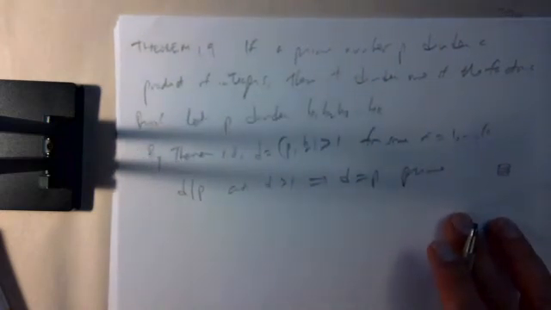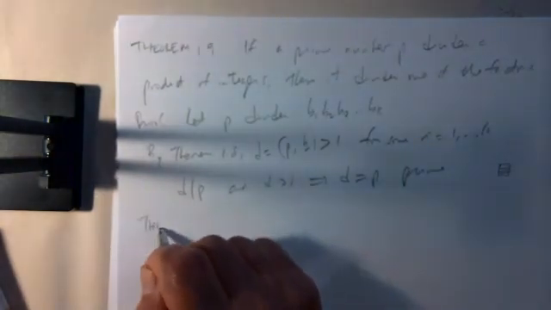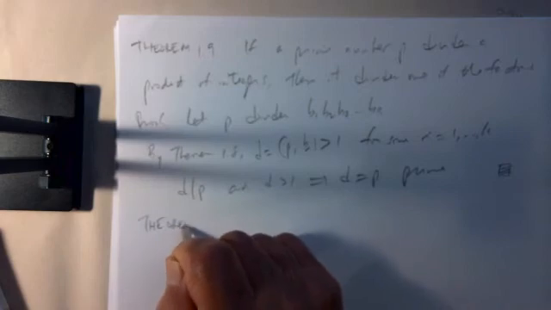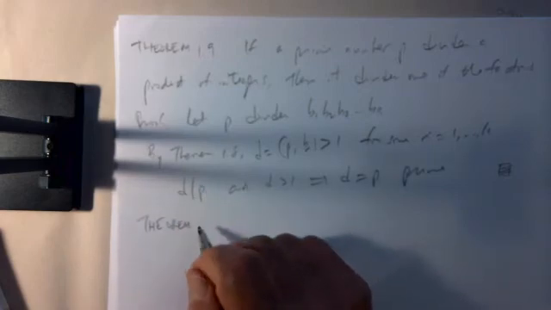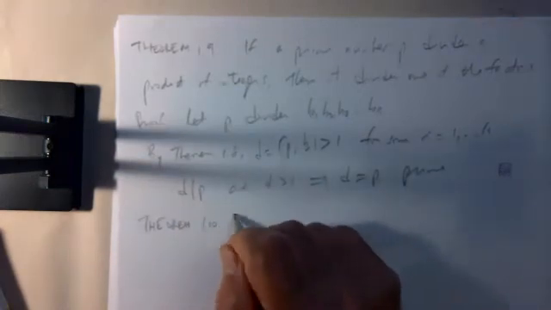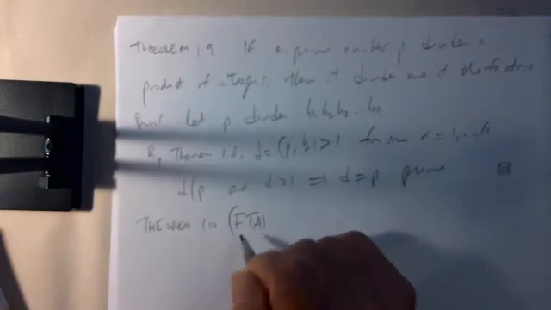All right. So now we come to one of the high points of the course, and a theorem we use over and over and over again. I'll just write FTA, which stands for the fundamental theorem of arithmetic.